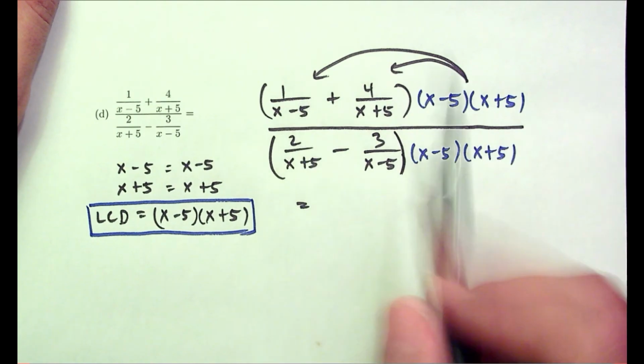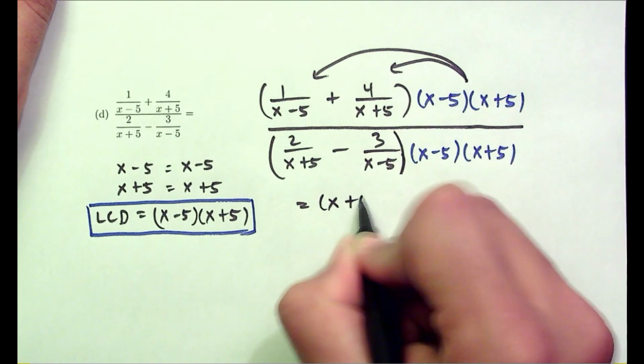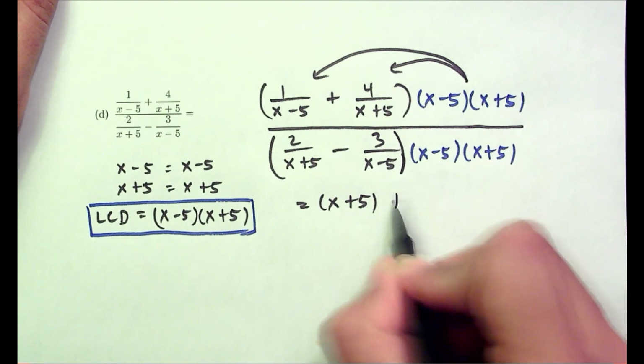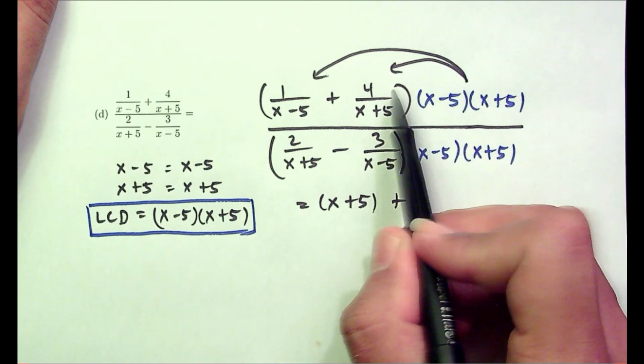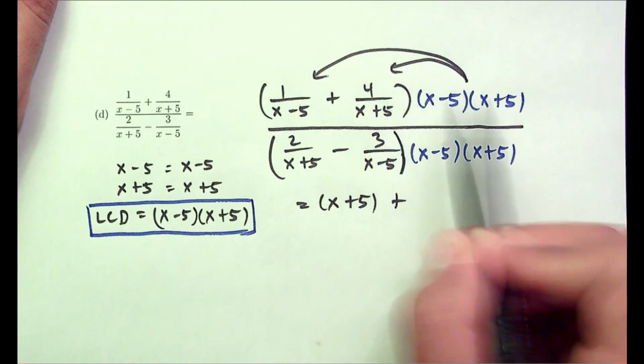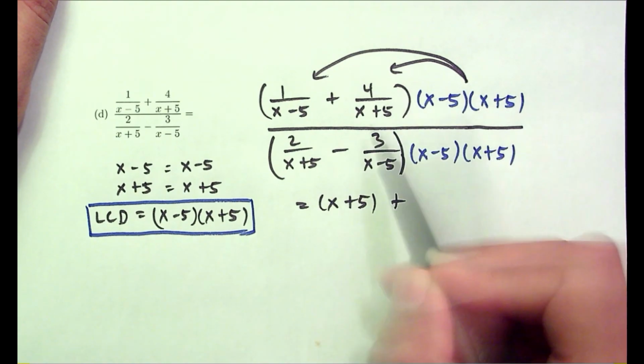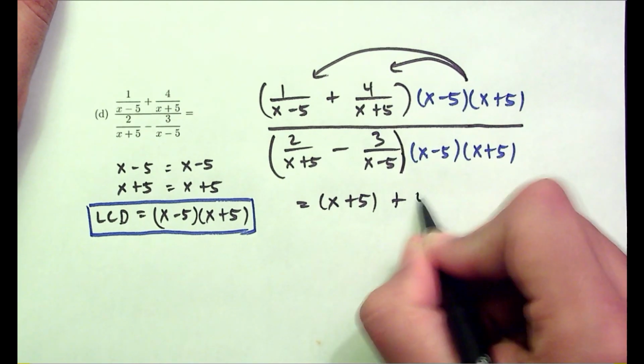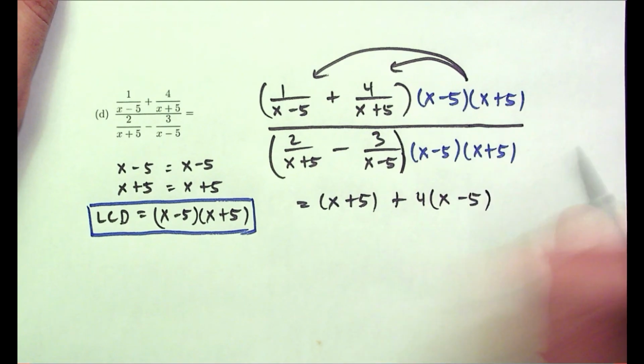The 1 doesn't really do anything, so it's just going to be x plus 5. All right, next, we distribute over the second term. And when you multiply these two, you see that the x plus 5 cancels, so you're going to be left with 4 and x minus 5. So 4, x minus 5.